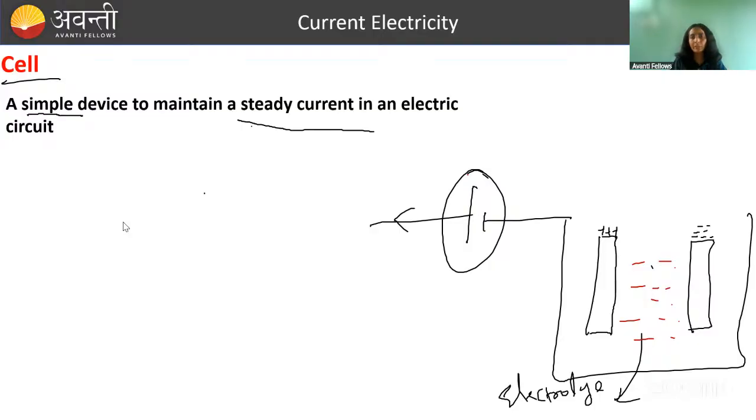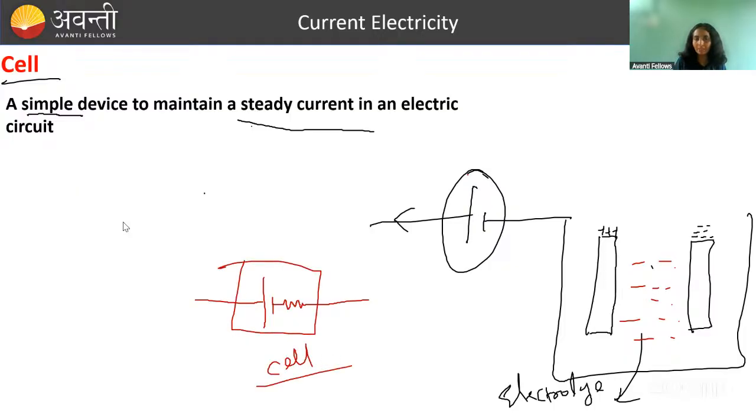And that is why when we talk about cell, we talk about its internal resistance. Okay? There is a term called internal resistance. So whenever you will draw a cell, there will be a small resistor sort of thing attached with the negative terminal of the battery. And this whole is called cell. What is its meaning? Its meaning is simple. One is positive electrode, another is negative electrode.